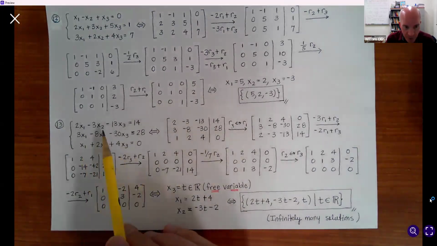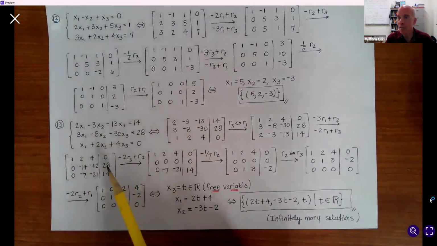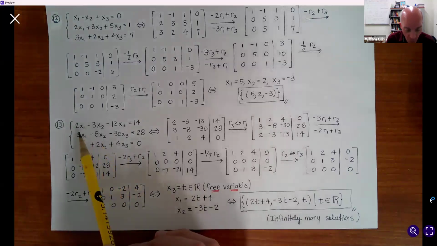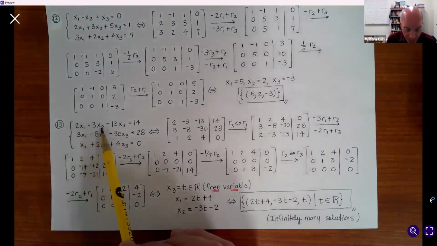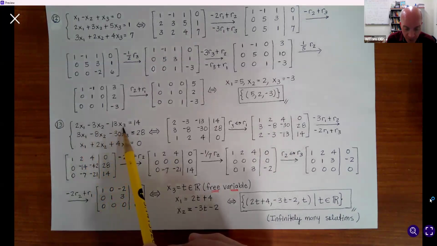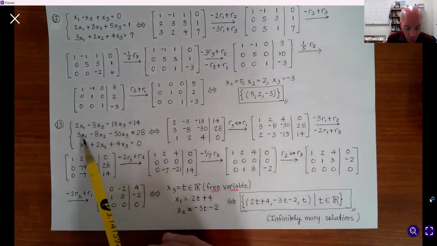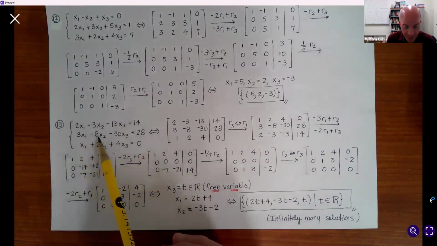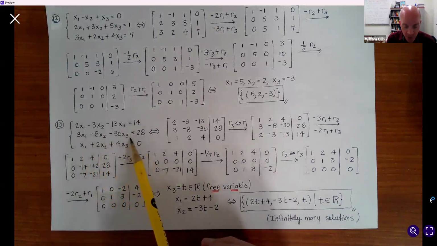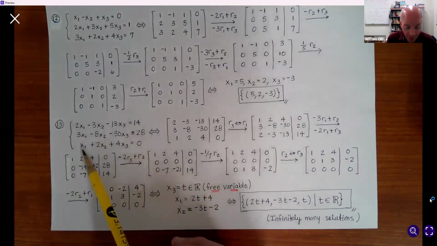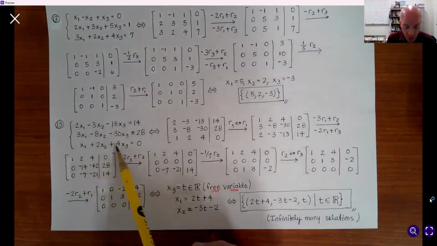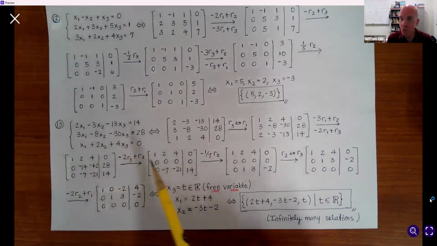So notice the system here. Again, we have 3 equations and 3 unknowns. We have 2x1 minus 3x2 minus 13x3 equals 14. We have 3x1 minus 8x2 minus 30x3 equals 28. And then we have x1 plus 2x2 plus 4x3 equals 0.